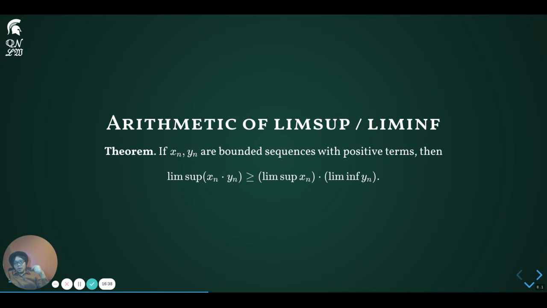Similarly, the smallest lim_sup that is allowable with the product is when the two sequences are completely out of phase, when the largest terms of one are multiplied against the smallest terms of the other. In other words, this is the picture of lim_sup of one multiplied against the lim_inf of the other.